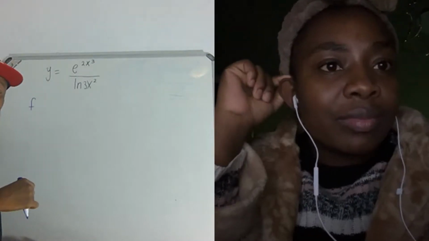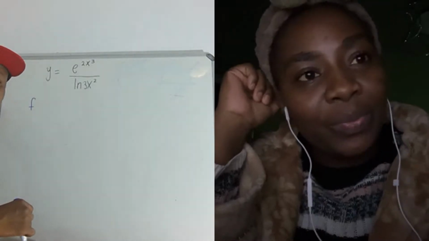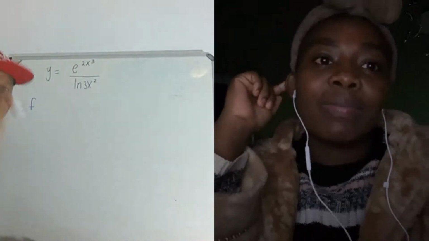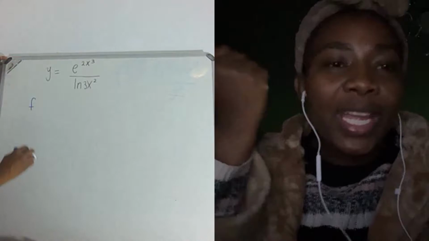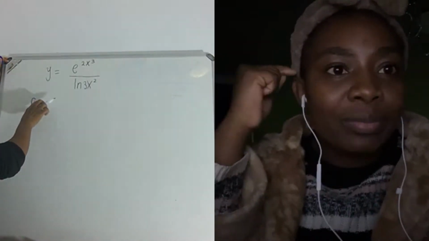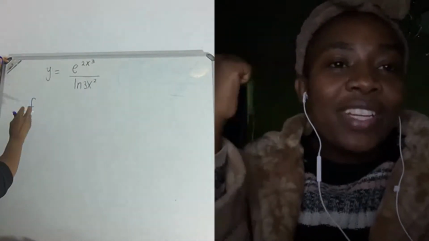I want you to tell me how to write the formula, because I want to see if you got that one. The quotient rule. No, give me the letters first.